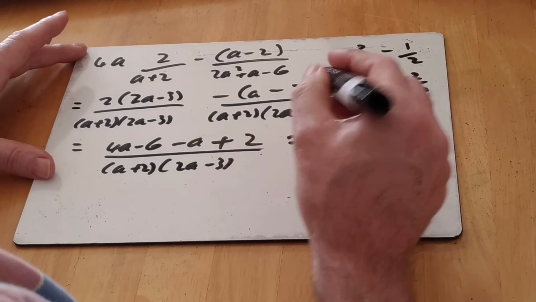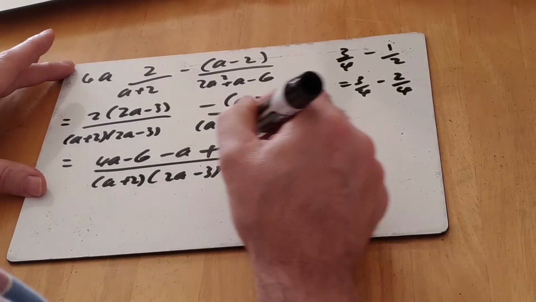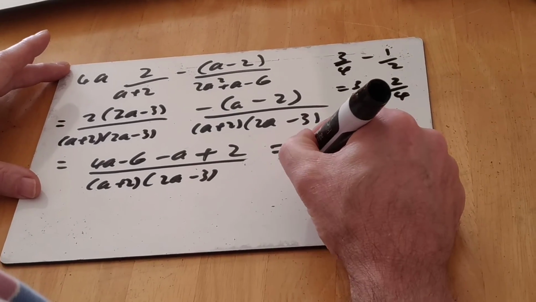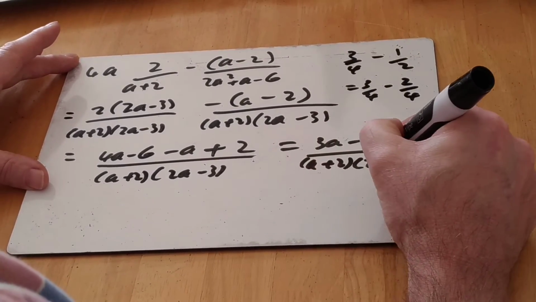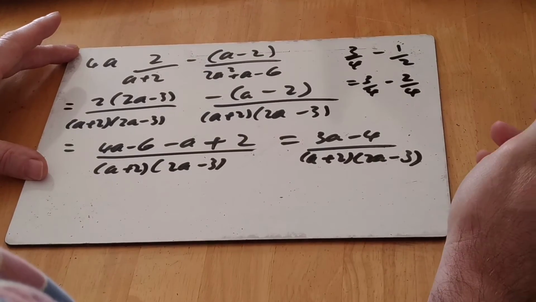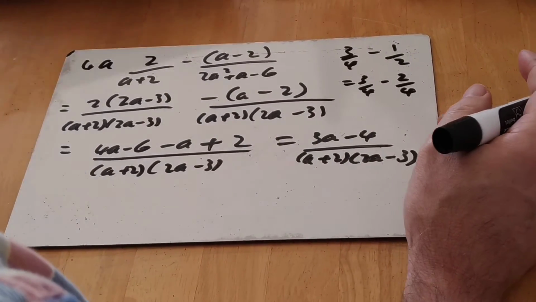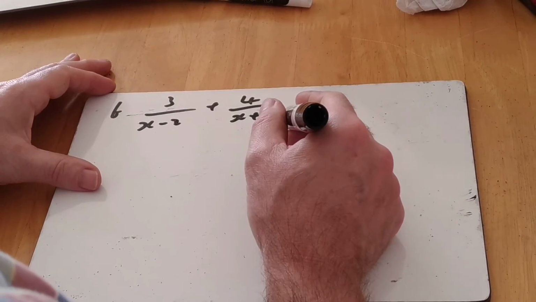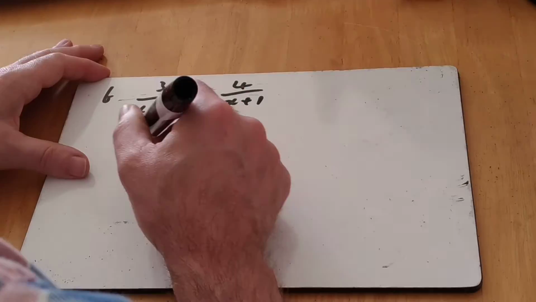And 4a minus 1a, 3a, minus 6 plus 2, minus 4, and then over a plus 2, 2a minus 3.